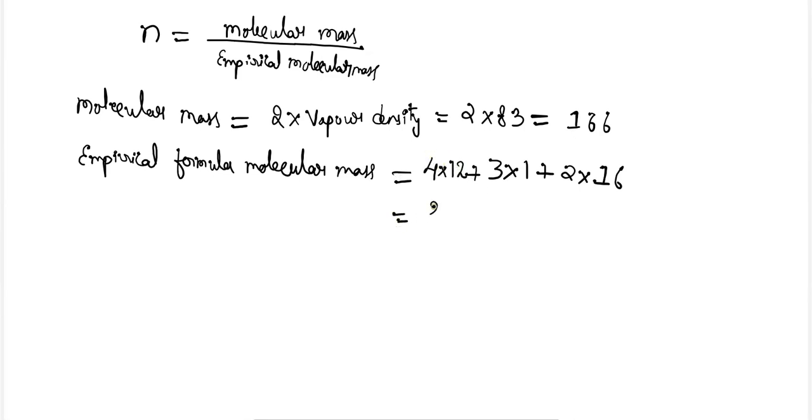So here it will become 48 plus 3 plus 32, which is 83. Okay, 83 will be the empirical formula mass.